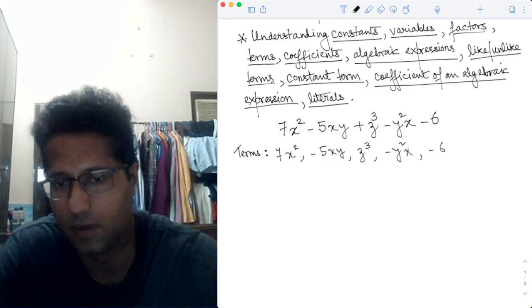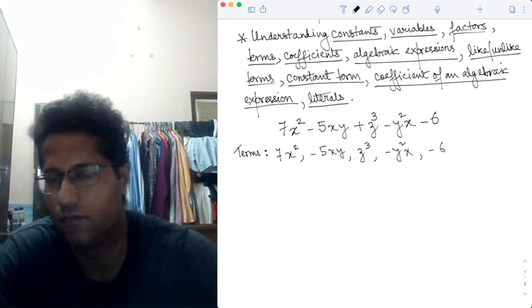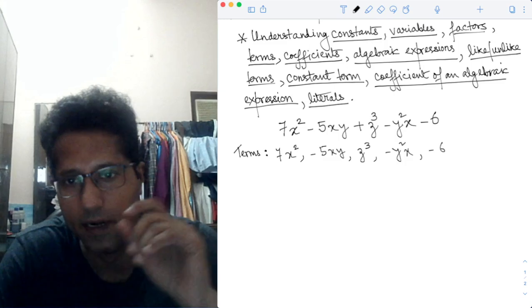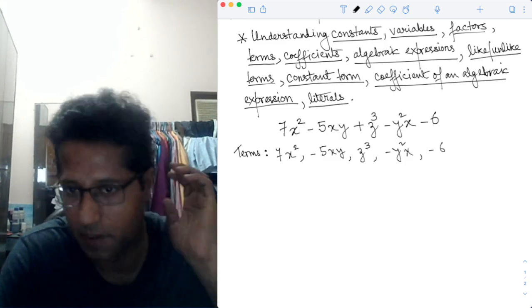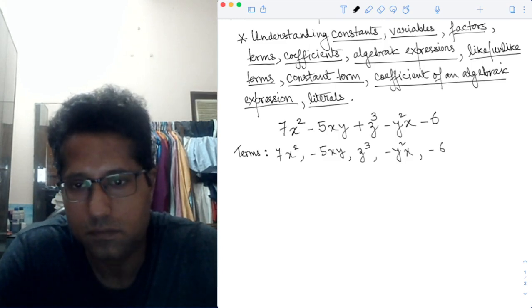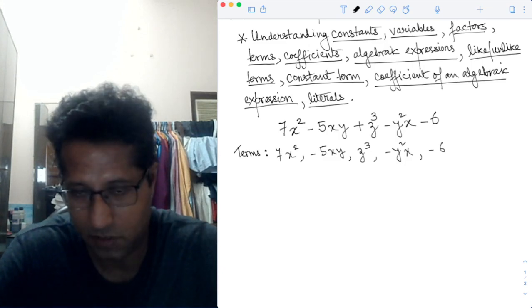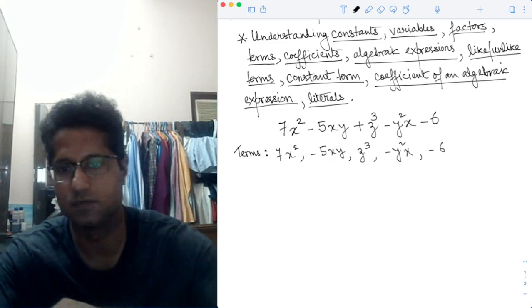Now what is a term in an algebraic expression? If you are given an algebraic expression, the terms are the individual parts that are combined with the plus and minus operators. So I have written the terms as 7x square, minus 5xy, z cube, minus y square x and minus 6.